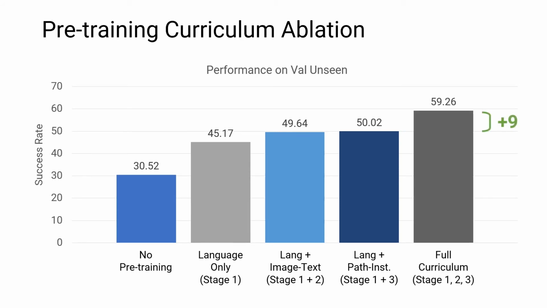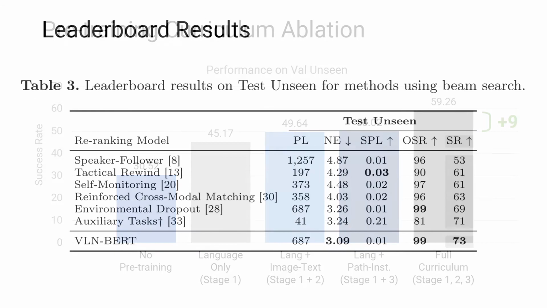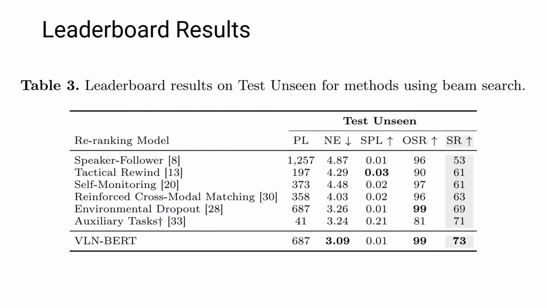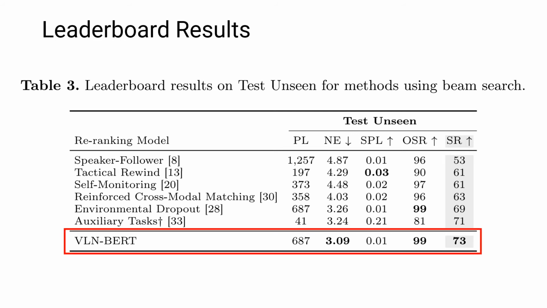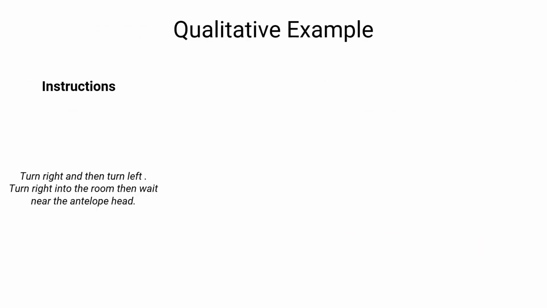Finally, when we combine all three stages, we see further synergistic effects with another 9 absolute percentage points of improvement. Additionally, VLN-BERT's ensemble model performance improves substantially over the prior state of the art on the VLN leaderboard. The next two qualitative examples provide a feel for this improved performance.